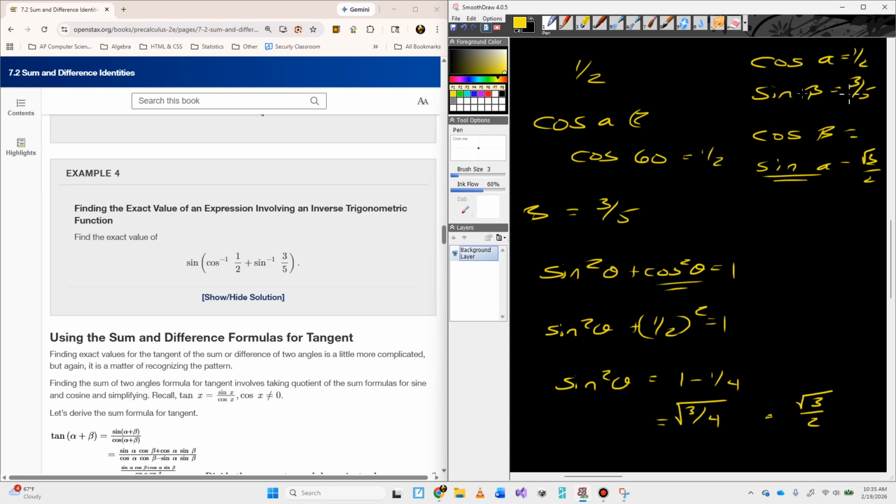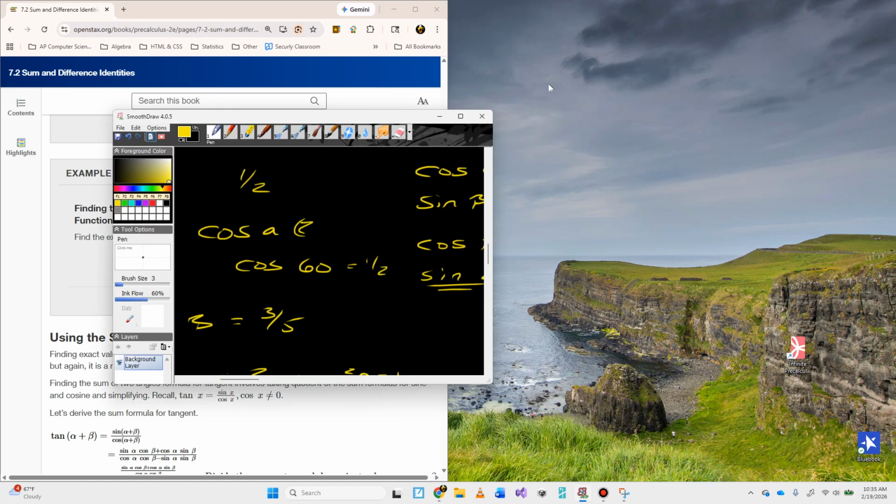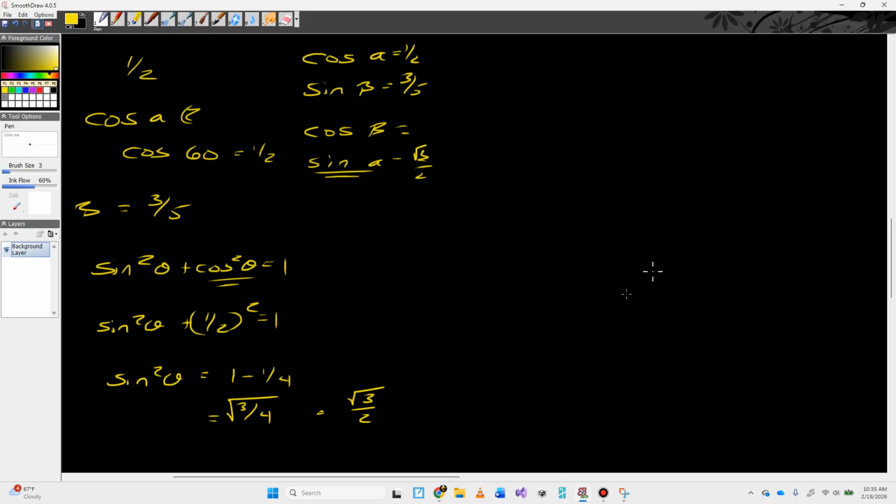There we go. This one is the value that I looked for by plugging in this alpha value. So I need to do the exact same thing here by using the same Pythagorean theorem, over on this side. So now I know the sine value, so 3/5 squared plus cosine squared beta equals 1. So I'm going to find this value through this value.